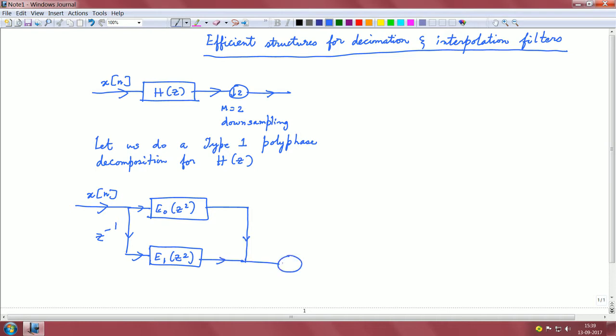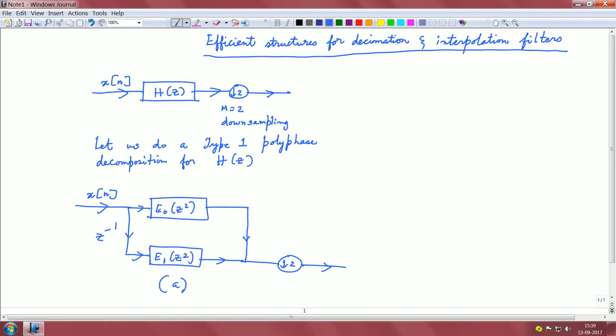And this signal we are downsampling by 2, right. This is the normal architecture. At least we have done one important step of simplification, that is we have decomposed the filter into a type 1 polyphase decomposition.